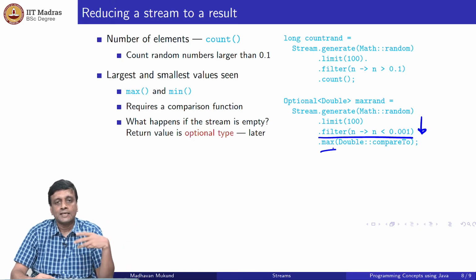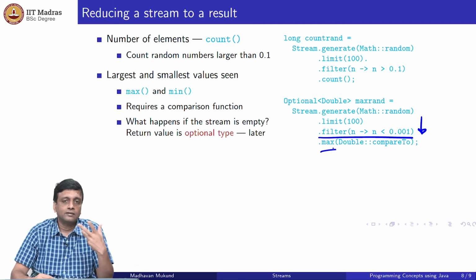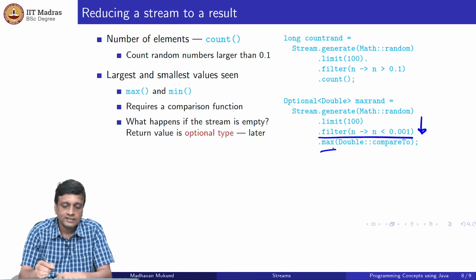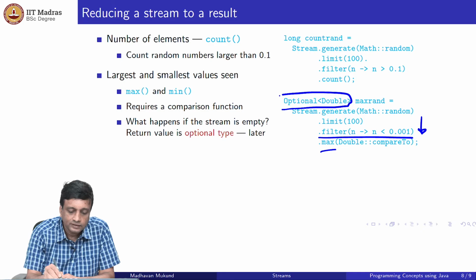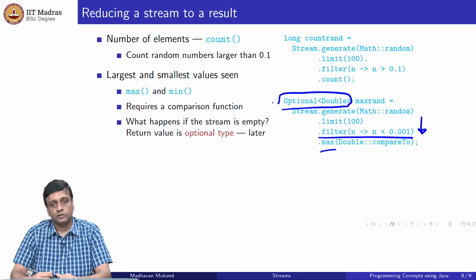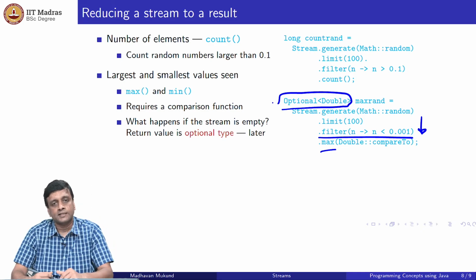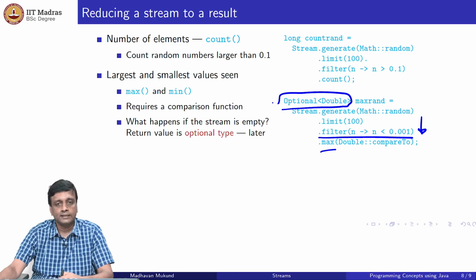As we all know, the maximum of an empty sequence is not something that is well defined. So in this case, max would traditionally return something like false or null, and this is the reason why we have this kind of optional thing. This basically says that the outcome of this computation is likely to be a double, but it may not be a double, and we will discuss these optional types in more detail in the next week.